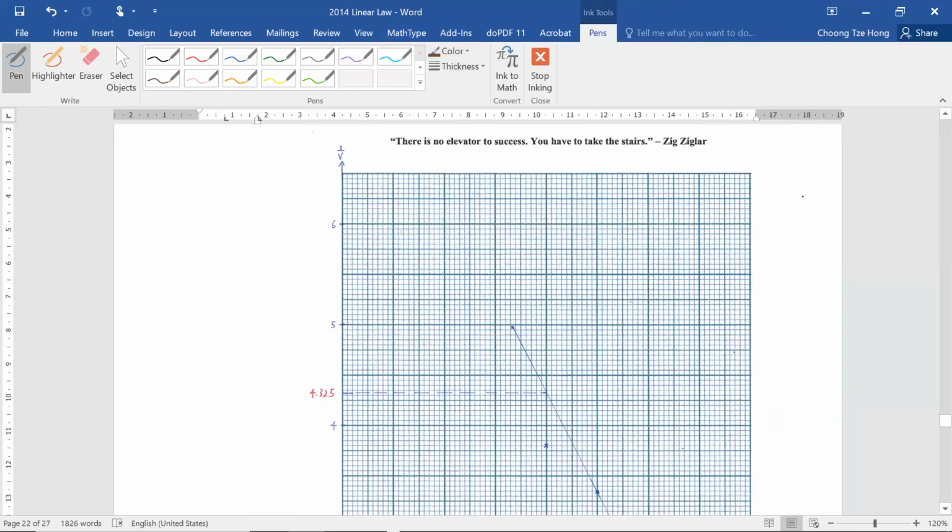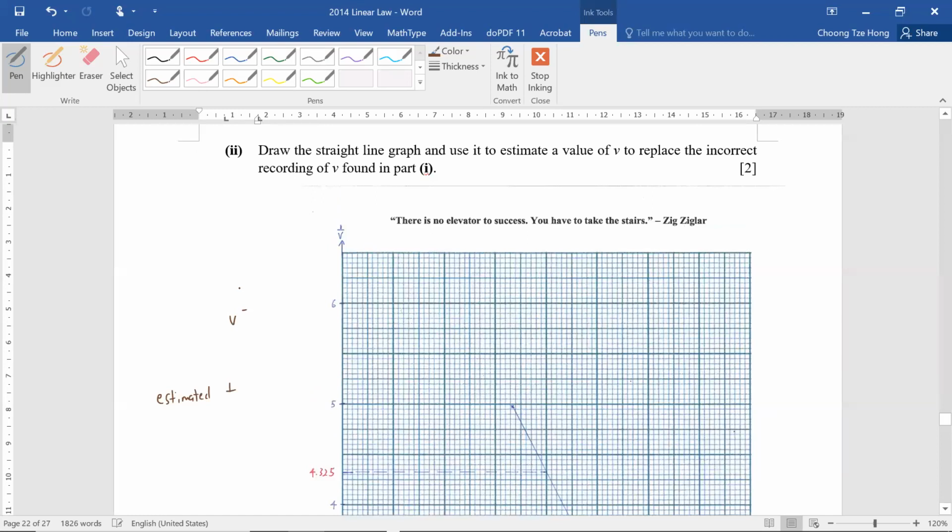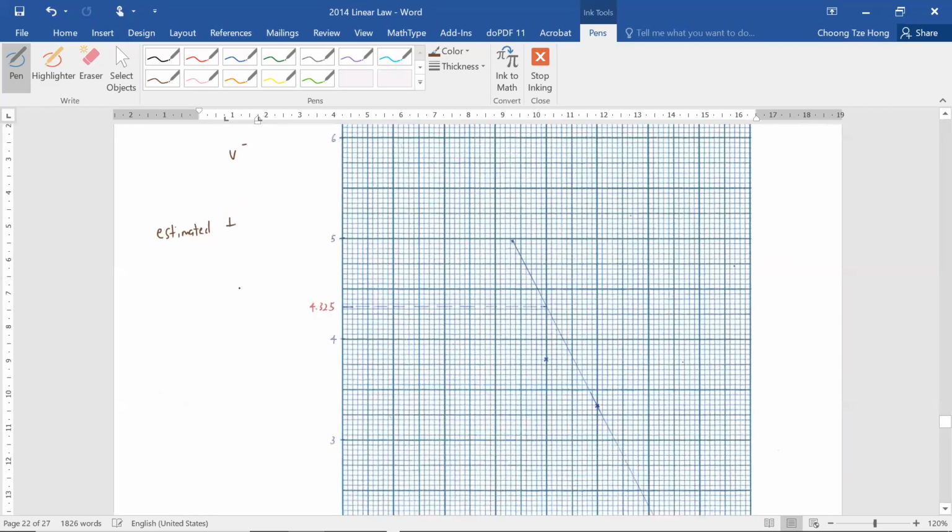So the estimated 1 over V that is correct will be 4.325. Remember, go to the 1 over U of 4, go up vertically, hit the graph, and then go horizontally to read the correct 1 over V value.